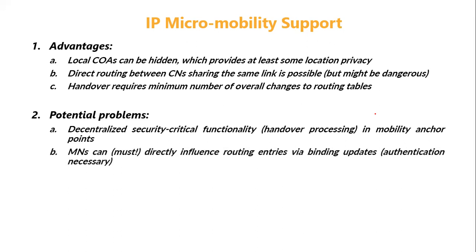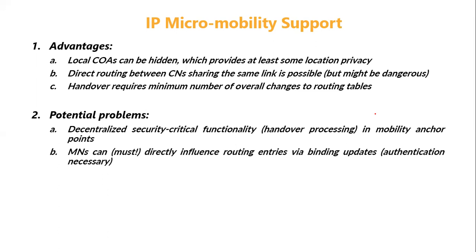There are some problems also. The problem is decentralized security critical functionality, handover processing in mobility anchor points. That is, whenever a mobile station moves from one AR to another AR, that information is sent by the mobile station itself. So we are just believing the mobile station. This itself is a potential security issue. Mobile nodes can directly influence routing entries via binding updates.